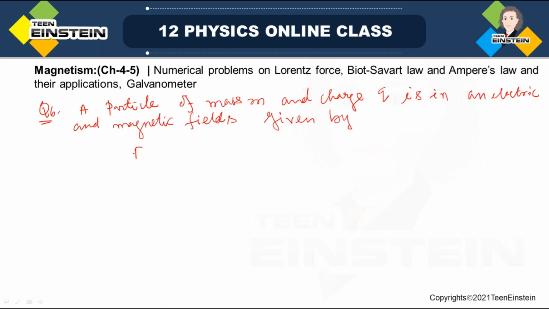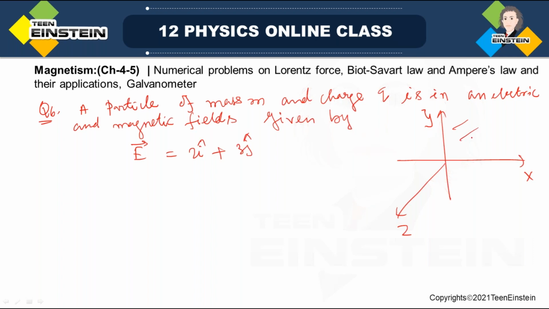That means if you draw X, Y, Z in the Cartesian coordinate system, with Z, Y and X directions, then the electric field is in this plane. The direction can be obtained from here itself: theta will be tan inverse 3/2. So at this angle, in this region, the electric field is there.